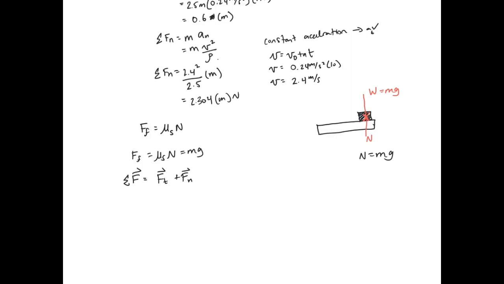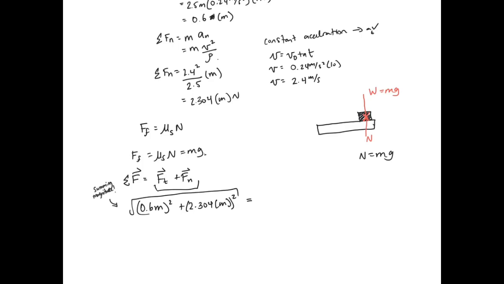To add these vectors, we can't just add them directly because they're in different directions. So we would have our tangential force, which was 0.6 times mass, squared, plus 2.304 times mass, squared, square rooted, that's our sum of the forces, is equal to, oh, and I have a typo right here. I forgot to put my mu s there.